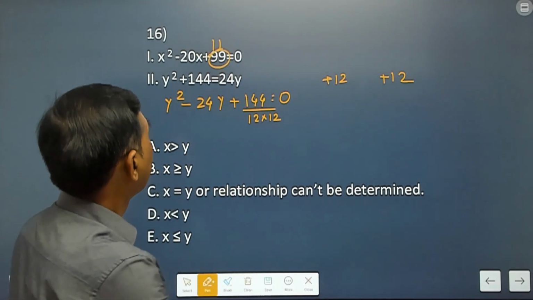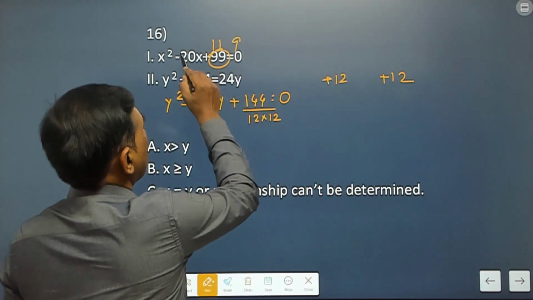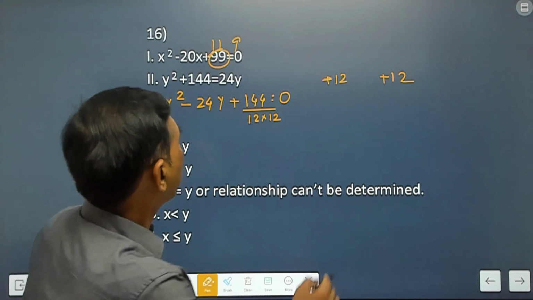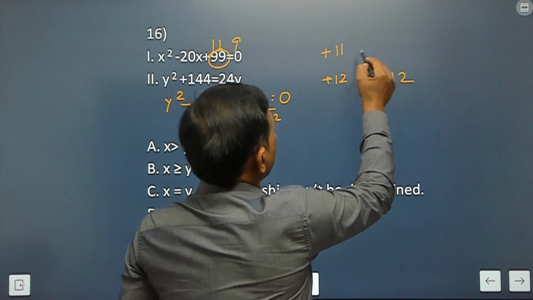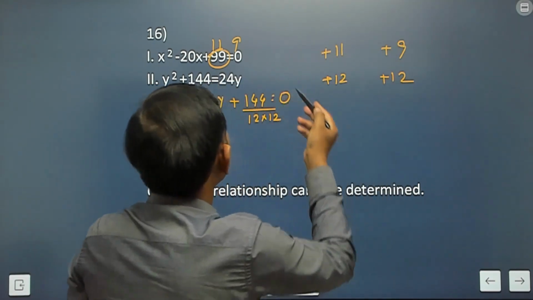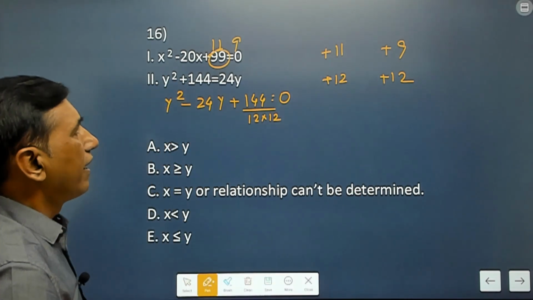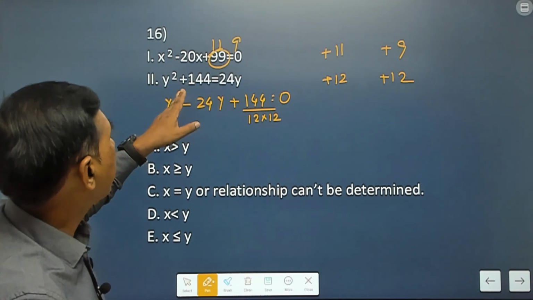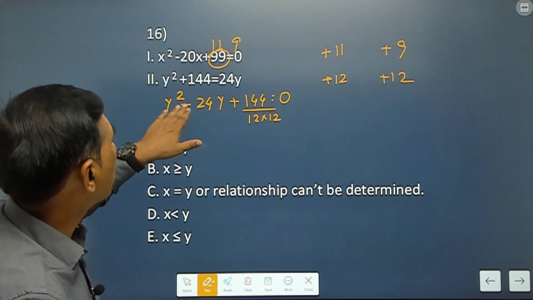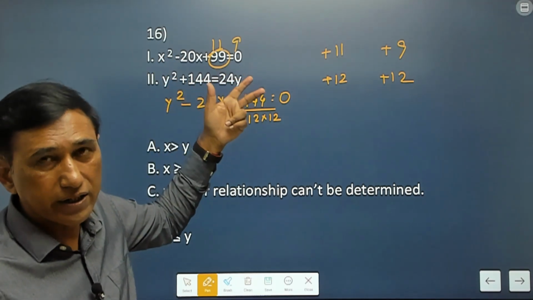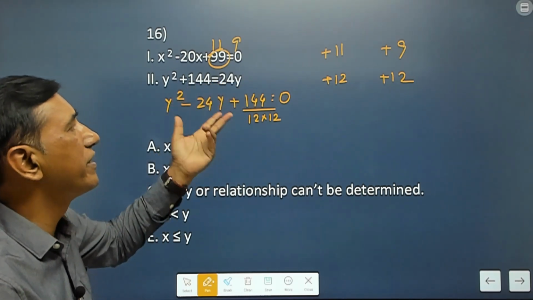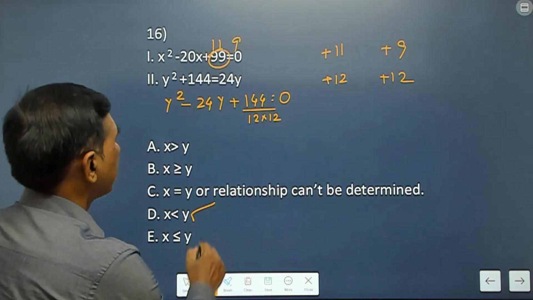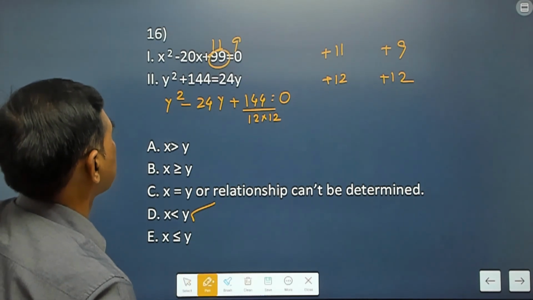Prime is 11. 11 and 9, 11 9s are 99, 11 plus 9 is 20. So plus 11 plus 9. Since both the roots have to be positive, we could have easily said earlier also that y has bigger numbers, so y should be greater than x. So y is greater than x.